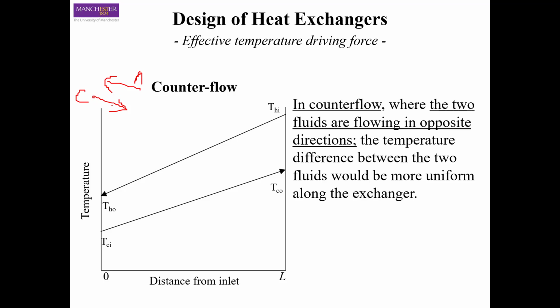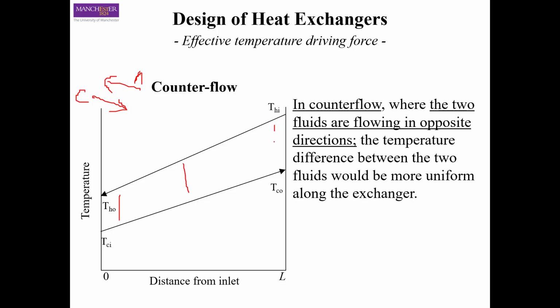And if you plot again the temperature along the length profile, we can see that Thi is the temperature at the inlet and Tho is the temperature at the outlet. If you look at the temperature profile in terms of the delta T available, you can see that for this profile the temperature difference is more or less constant over the length of the heat exchanger.